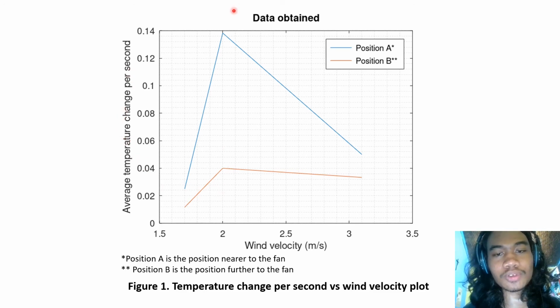However, from trials 2 and 3 we can see that both positions are lower, so the wind velocity from the first, second, and third trial does affect the average temperature change: the higher the wind velocity, the lower the average temperature change.